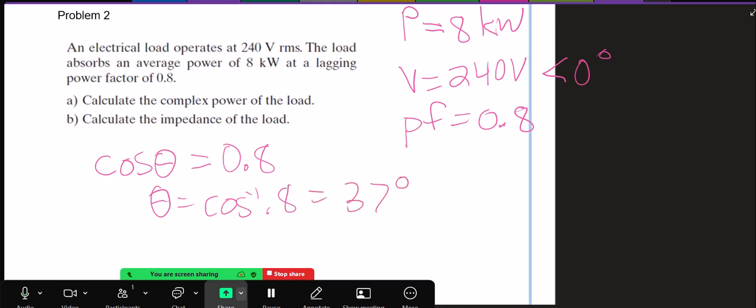Now, is it going to be positive 37 or negative 37? It does matter, because it tells us right here, lagging. So which one is it? Positive, because lagging.